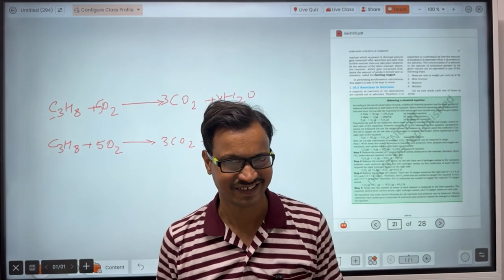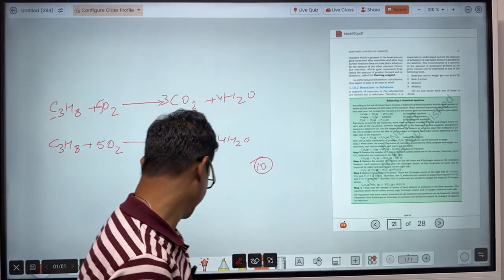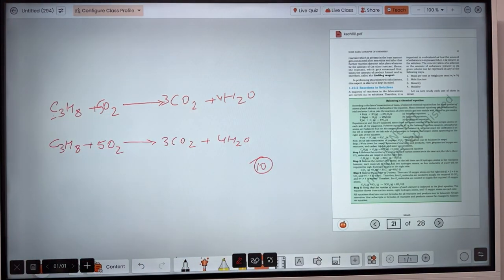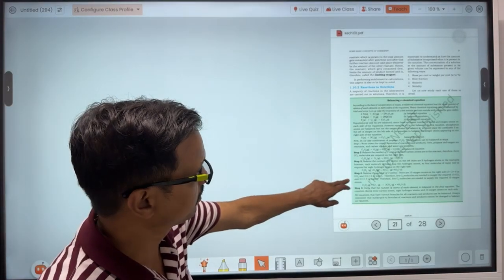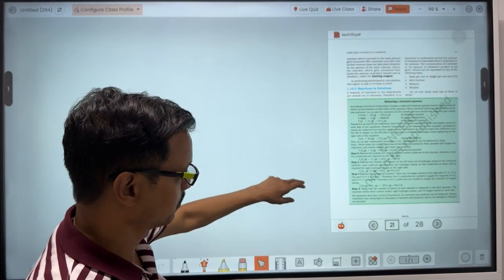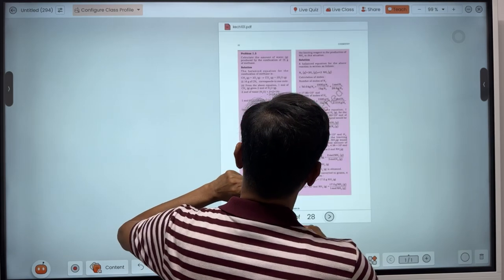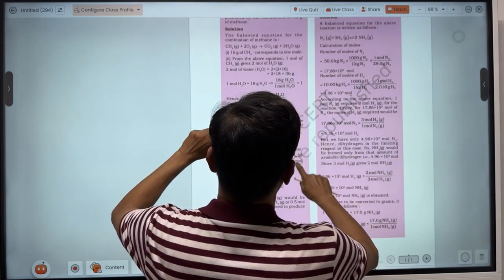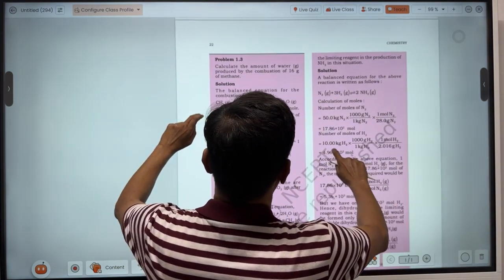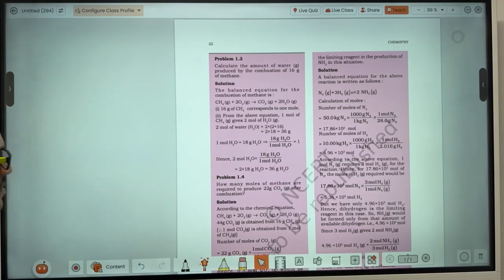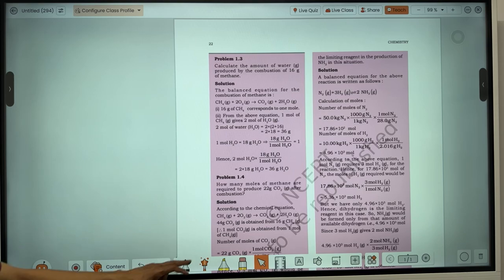That was okay, guys. Now let's see some questions based on stoichiometry, that means some questions related to stoichiometric calculations. Like this question. You will have to find out the amount of water produced by the combustion of 16 gram of methane.